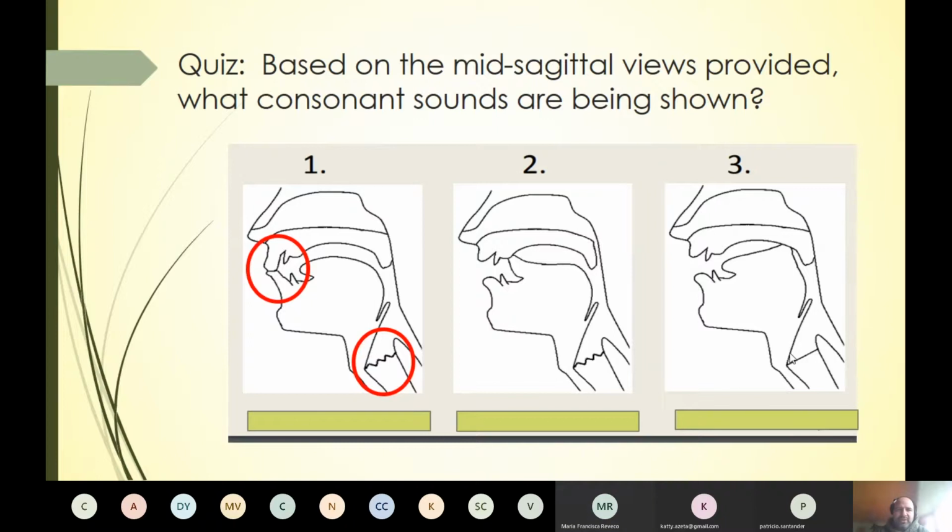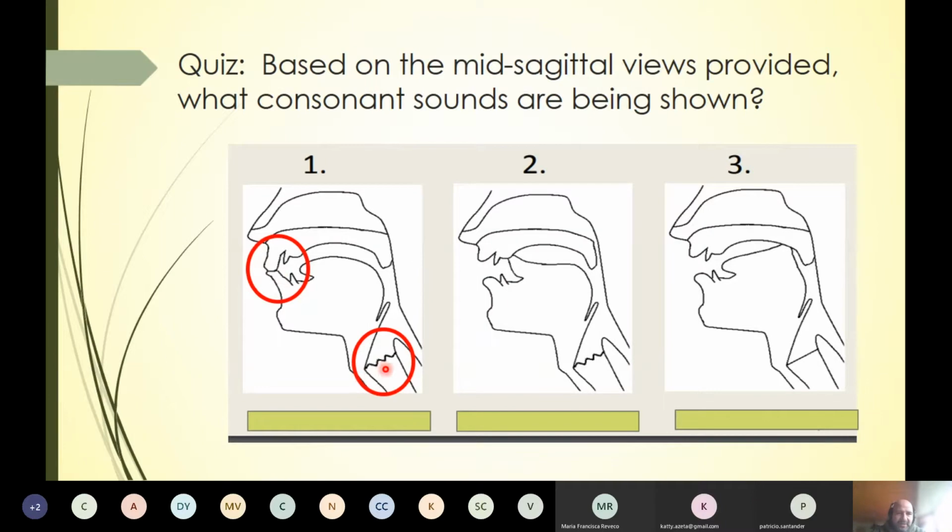Not that specific sound, but in general. For example, how could you describe M? It is a bilabial. Bilabial, exactly. Nasal and voiced sound, exactly.